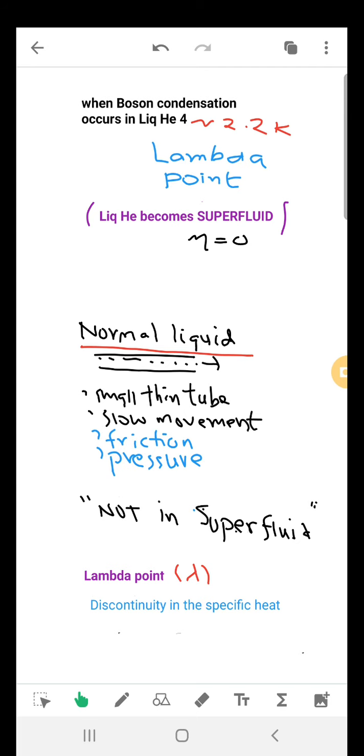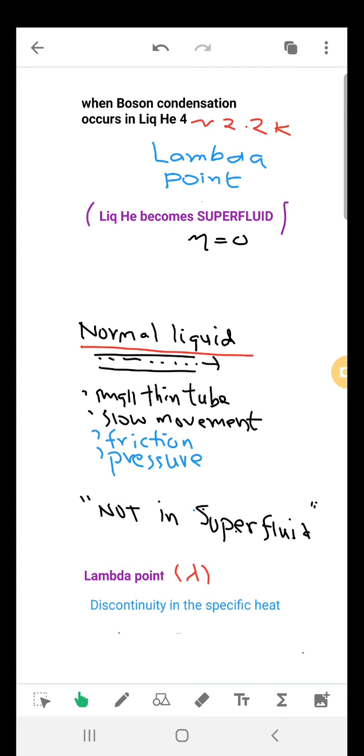But this is not the case for a superfluid. The fluid will flow smoothly without any viscosity. And the identification of the lambda point, that means the identification that the superfluid state has been achieved, is when there is a discontinuity in the specific heat.